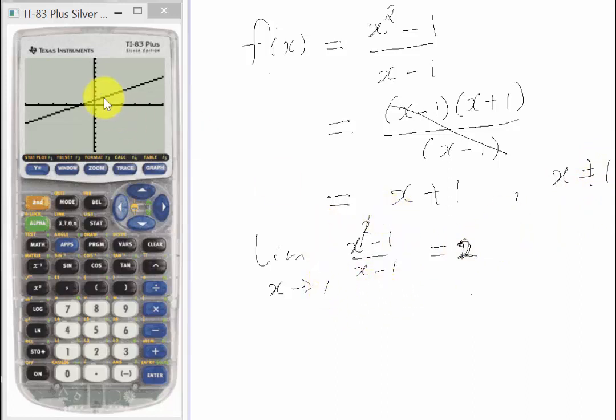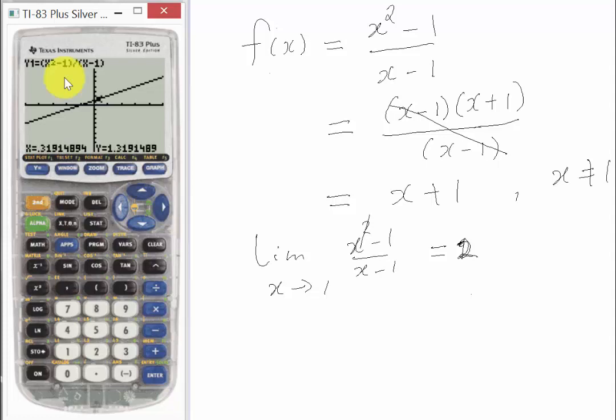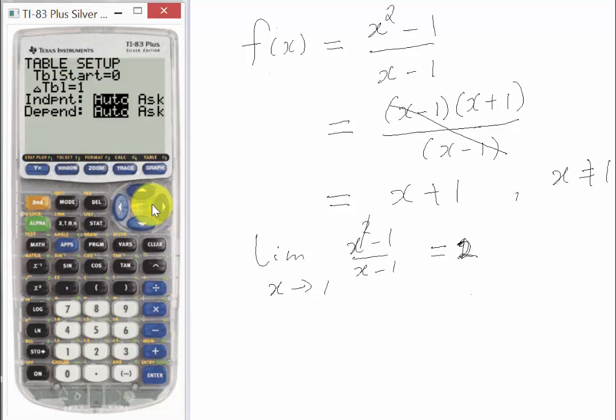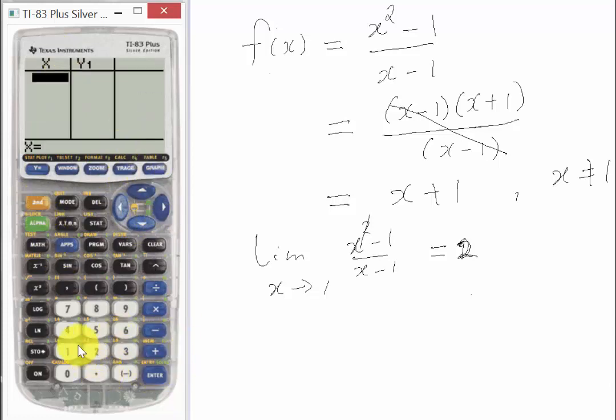Over here, we don't see any hole, but if you click on trace, you can see that when x equals 1 there is no y value. But we can go to the table. You go to table set and keep the table as here, and then go to table, and if I put x equals 1, it has an error, meaning that's not defined. That's the important thing to understand.